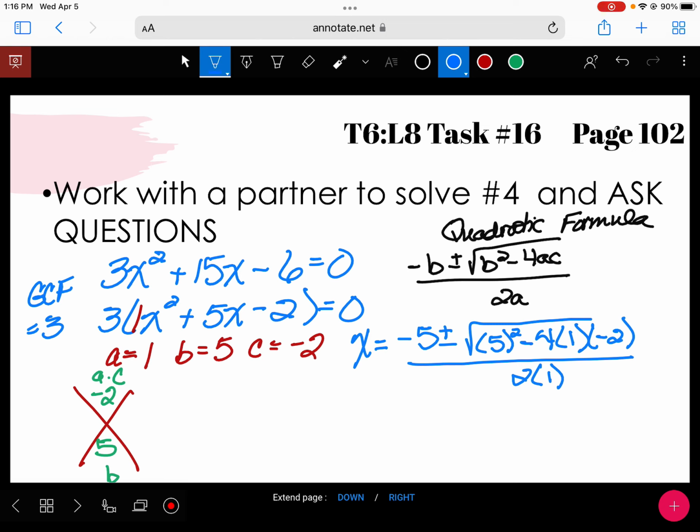So if X box doesn't work, you're going to have to go to quadratic formula most of the time. Enter that in carefully.